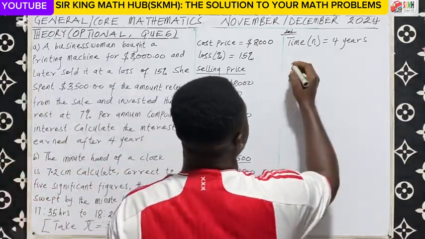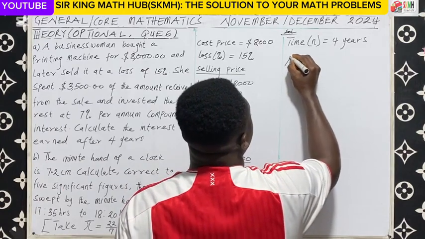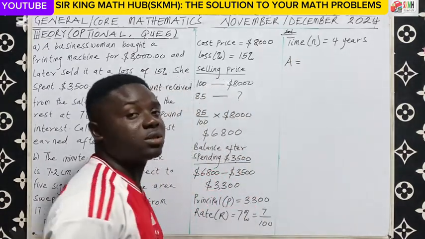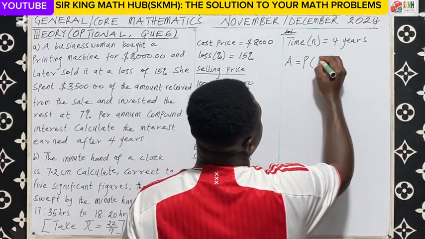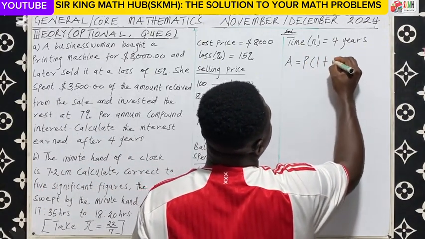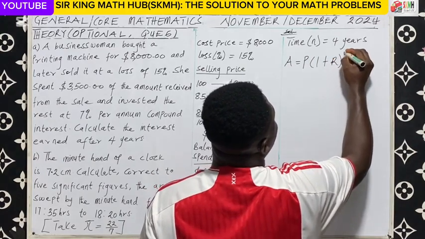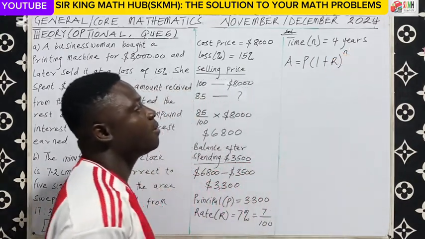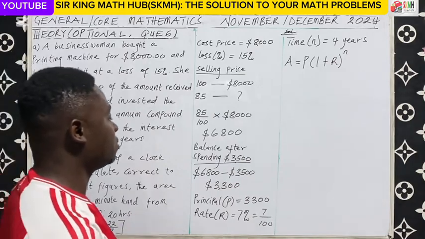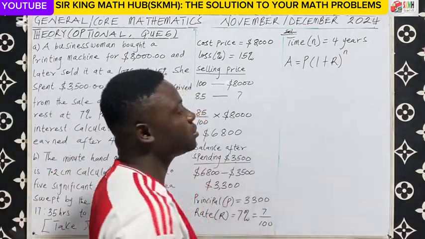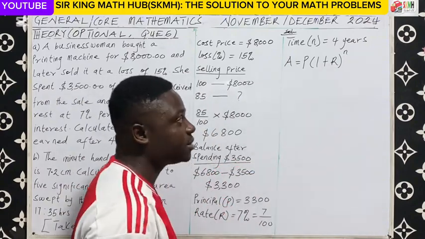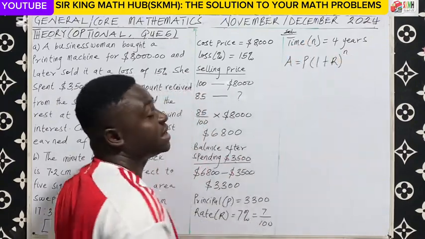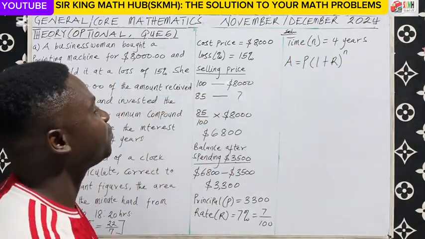So let's recall that amount is equal to principal multiplying 1 plus the rate, exponent n. So as we know, A is the amount, P is the principal, R is the rate, and n represents the time measured in years.